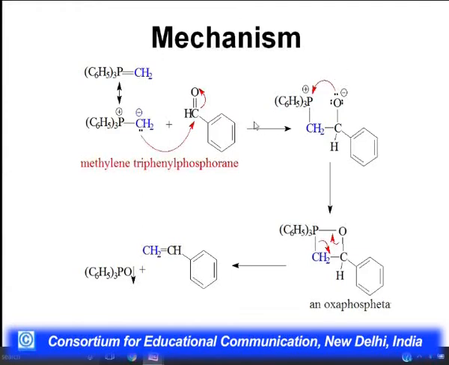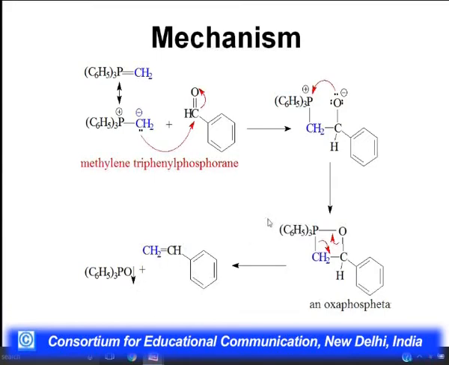That is, 2 electrons are coming from the ylide, and 2 electrons are contributed by the carbonyl compound. When we get a cyclic intermediate, it is a cycloaddition, which is a betaine intermediate. Now this betaine intermediate dissociates to give us triphenyl phosphine oxide and an alkene.